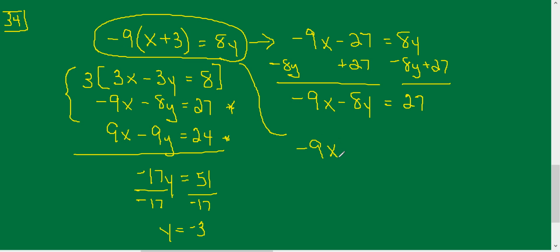Negative 9x minus 27 equals this 8 times negative 3, because that's what y is.